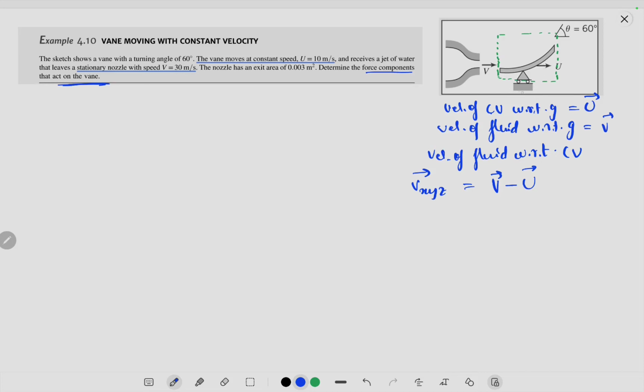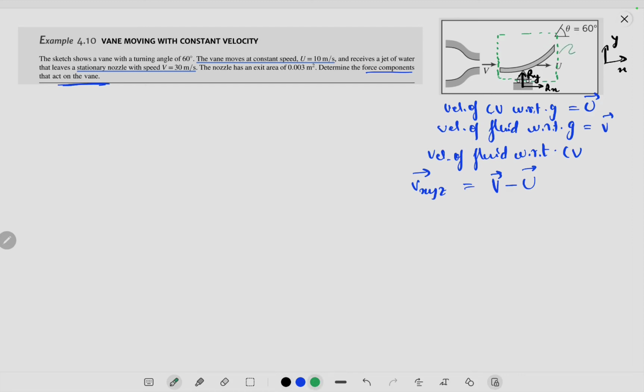Now if you consider the forces on this control volume, what are the external forces? One is the reaction force provided by the ground along the x-axis, let's call it Rx, and the reaction force provided by the ground along the y-axis, Ry.